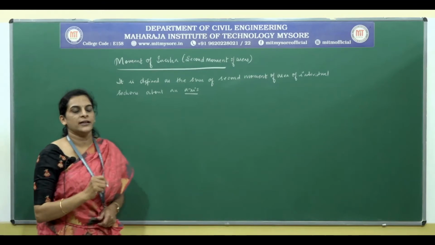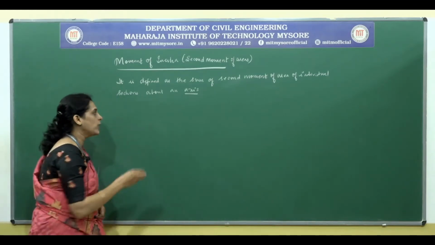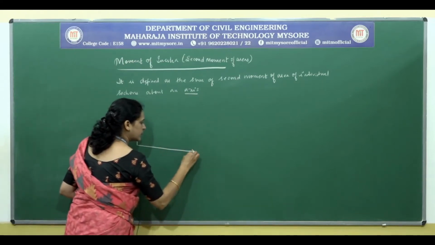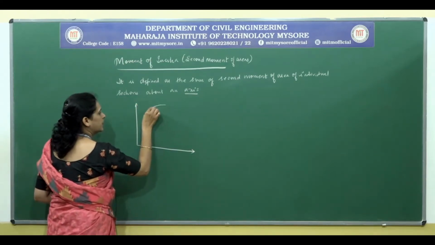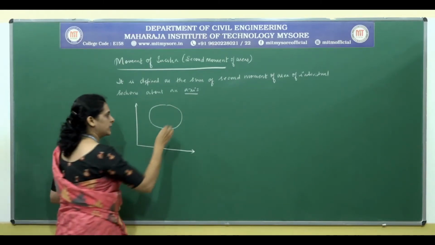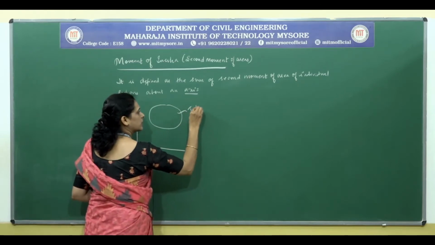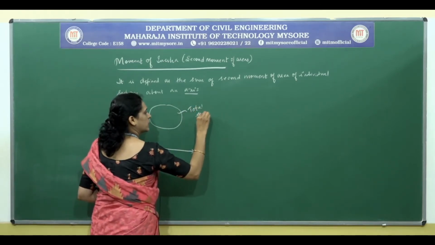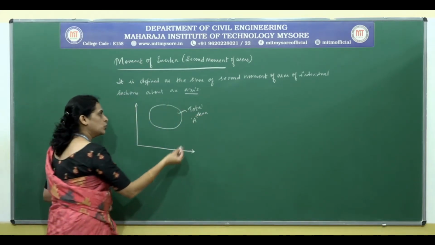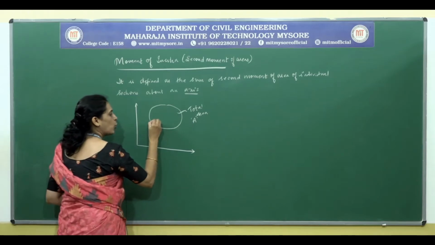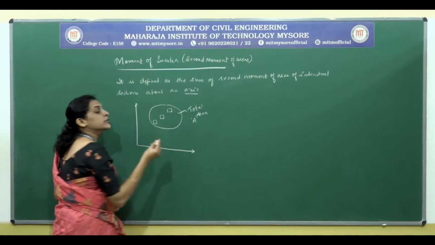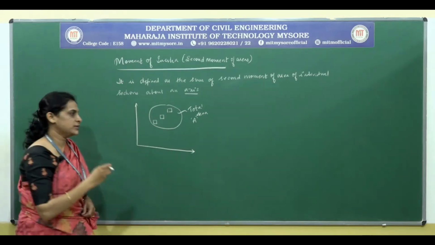So to understand this definition better, we shall consider an arbitrary area named as capital A. Within this area we will select some 3 smaller elementary areas.